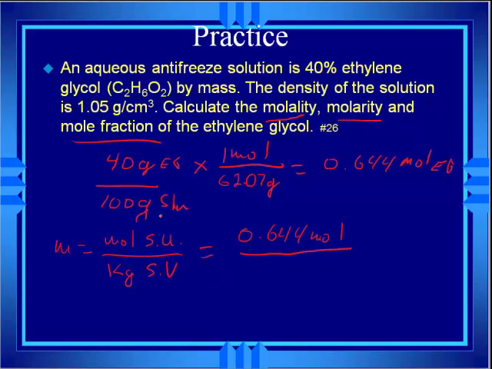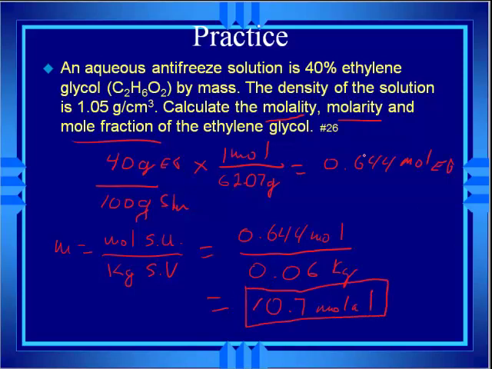Up here, I had 100 grams of solution, so if 100 grams was solution, then 60 grams was water. So how many kilograms is that? If I take 60 and divide by 1,000, I get 0.06 kilograms. And when I work that problem out, I get 10.7 molal.